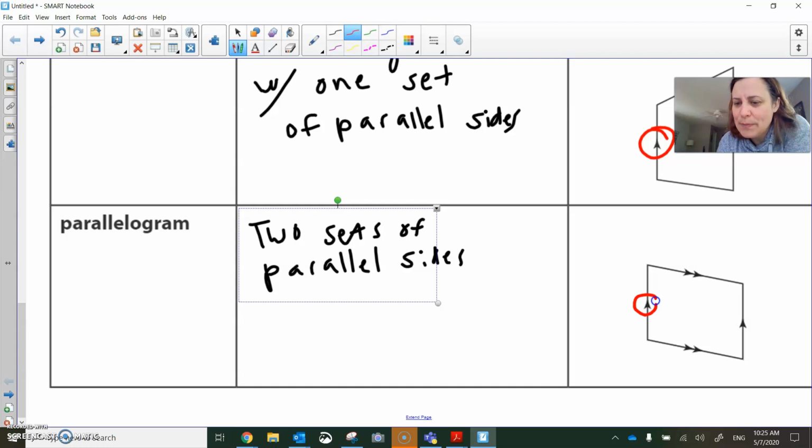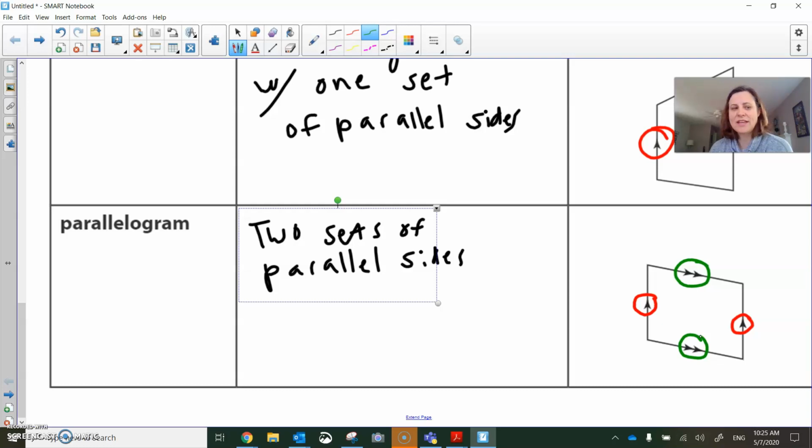So this side is parallel to anybody else who has one arrow, and this side is parallel to anybody else who has two arrows. So if you think about it, a square is a parallelogram, a rectangle is a parallelogram, because they have two sets of parallel sides. Square and rectangle are just more specific ways to describe a parallelogram.